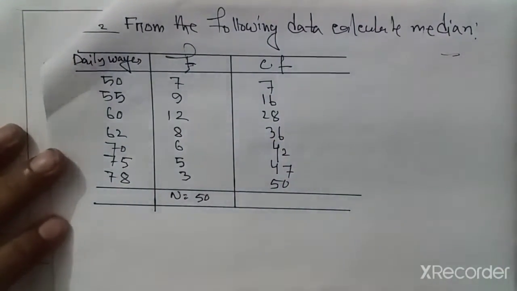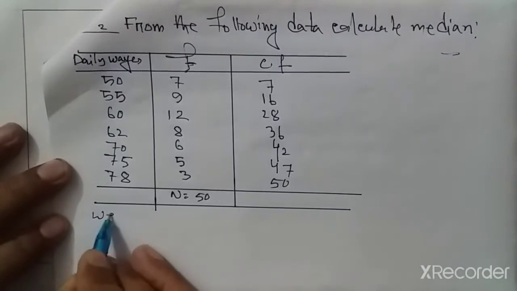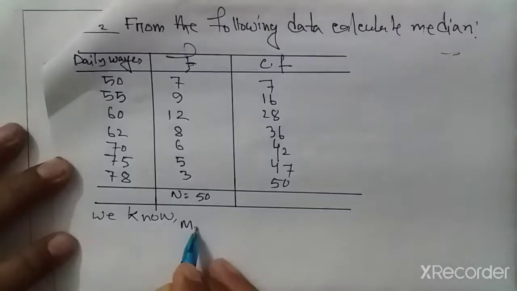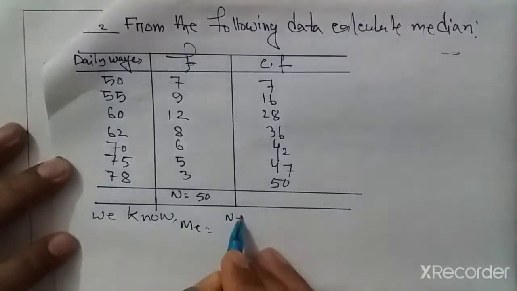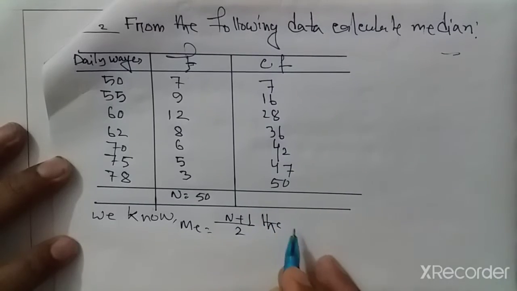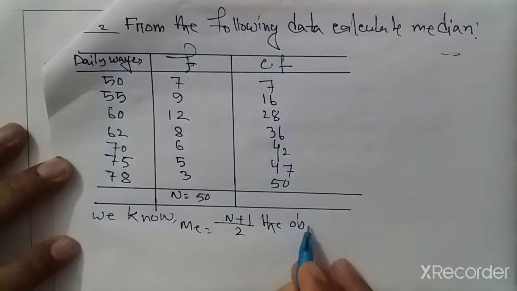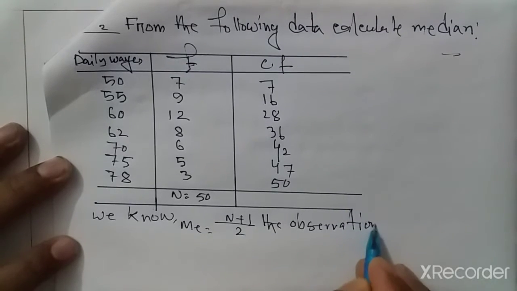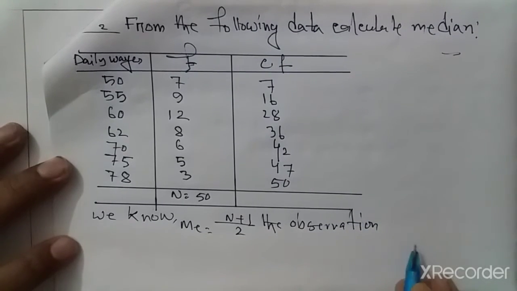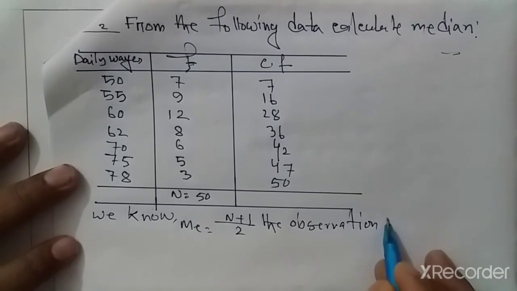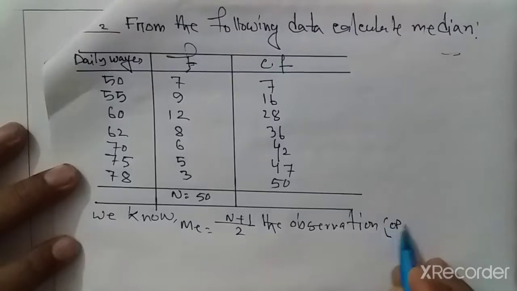Now we can write the formula. We know median is equal to capital N plus 1 by 2 the observation, also we can write the opposite value of CF.